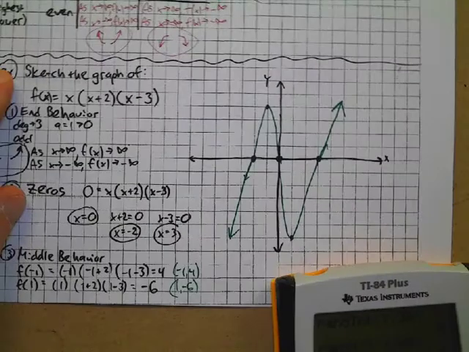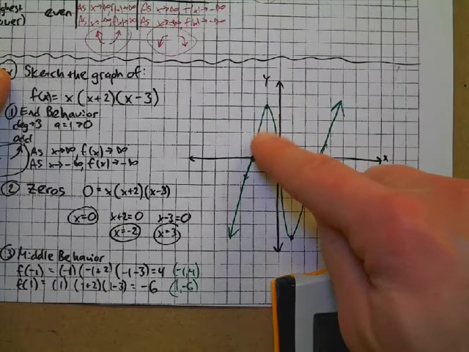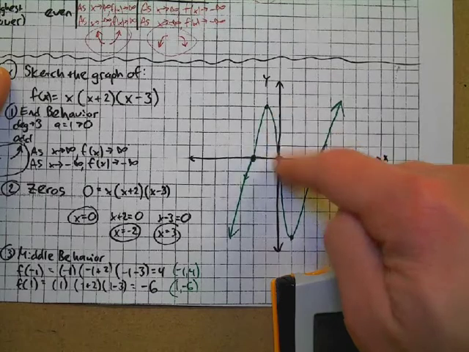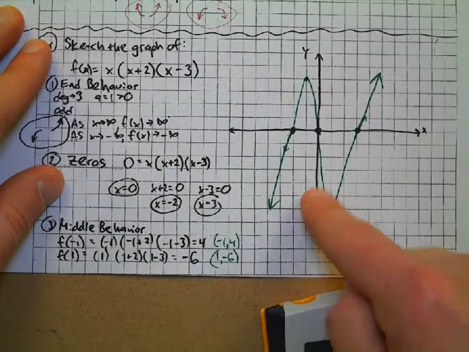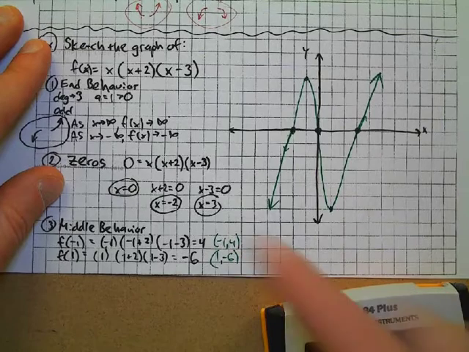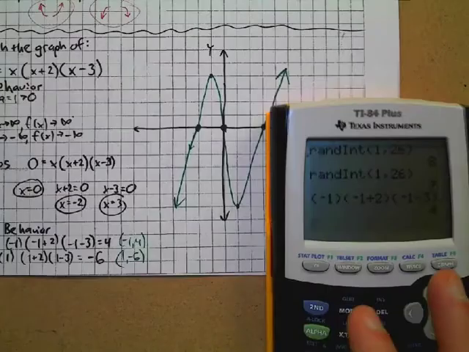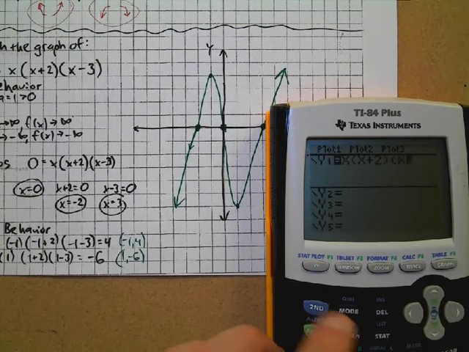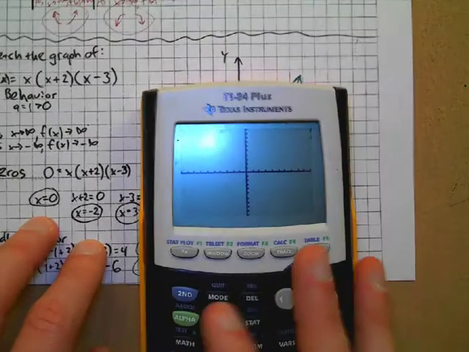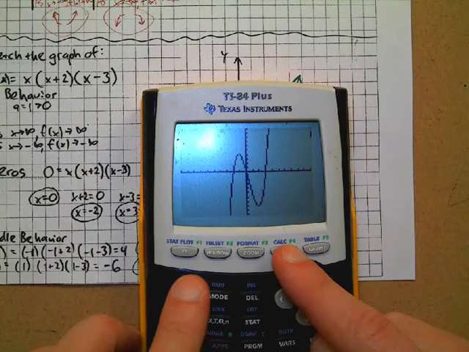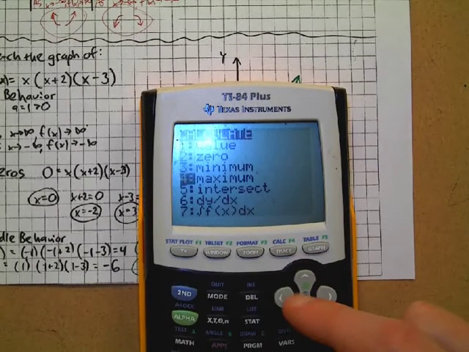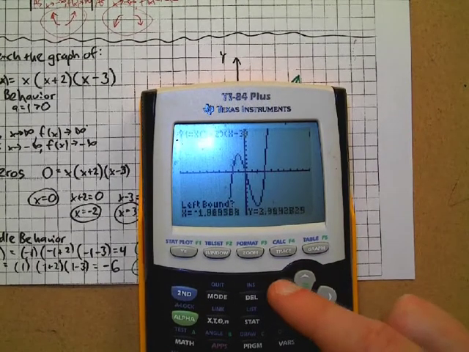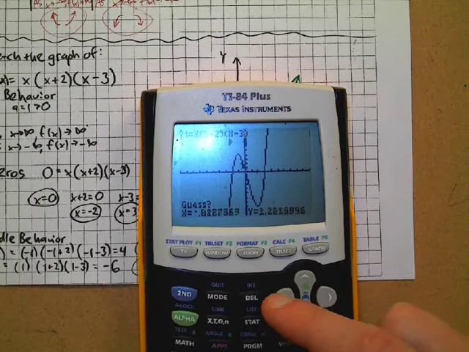For example, this point, it looks like the highest point right here, it looks like it reaches a peak at negative 1, 4, and it looks like it reaches the lowest point right here at 1, negative 6, the way I graph this, but actually, that's not the case. If I actually graph this on my graphing calculator, and if I do second trace and I go to maximum, I'll go to the left here, hit enter, go to the right here, hit enter, and then go up to the top of it, hit enter.